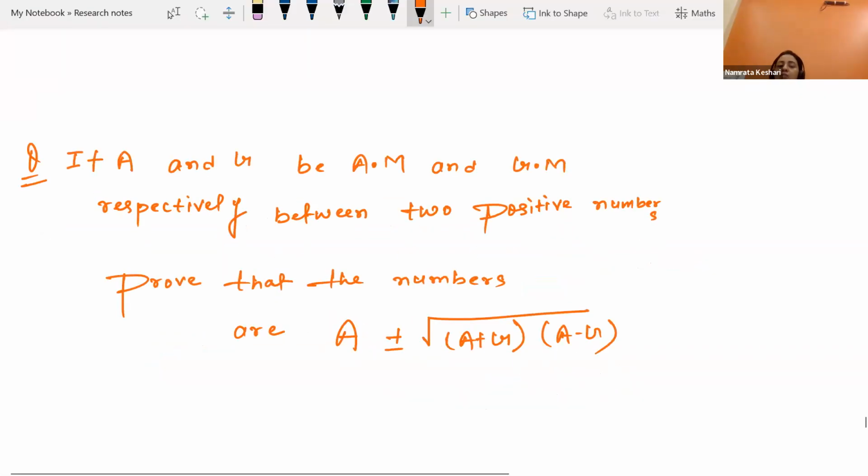If A and G be arithmetic mean and geometric mean respectively between two positive numbers.